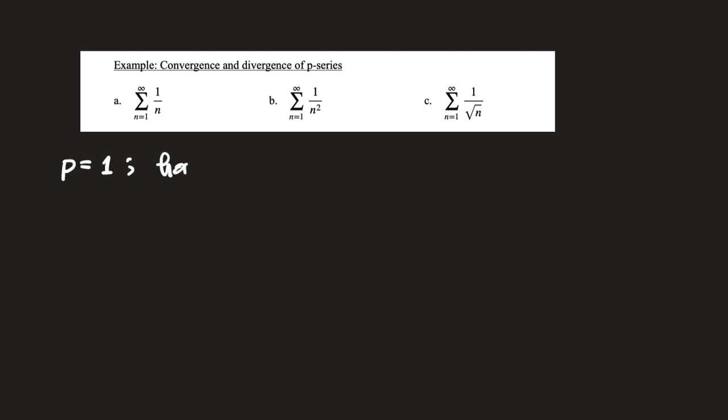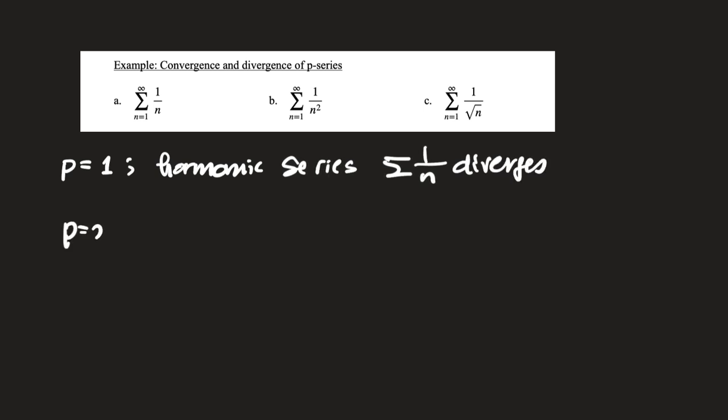This one is a harmonic series, so it diverges. The second one is 1 over n squared, so p equals 2. This series is going to converge. Why? Because the p-value is greater than 1.